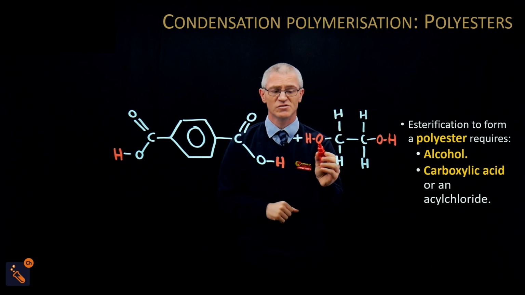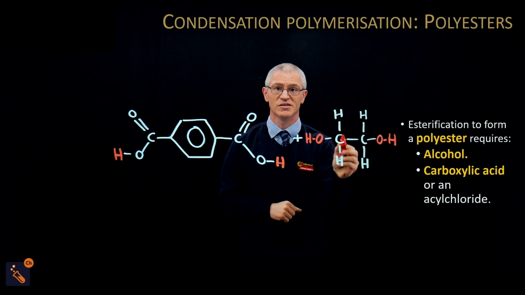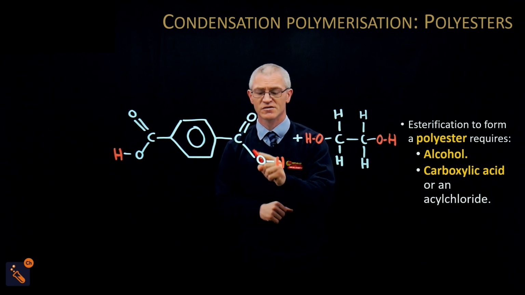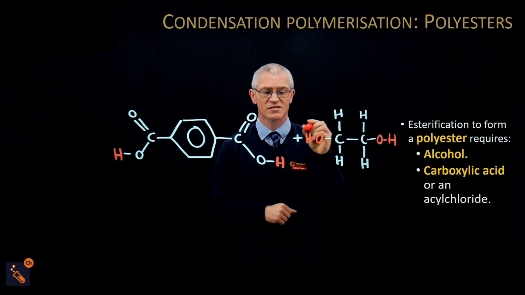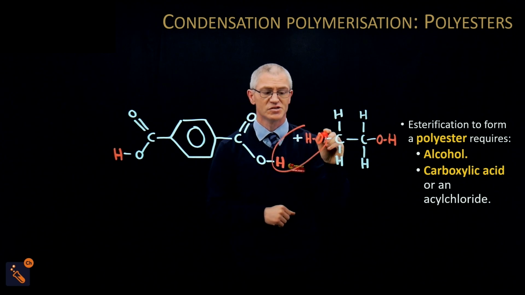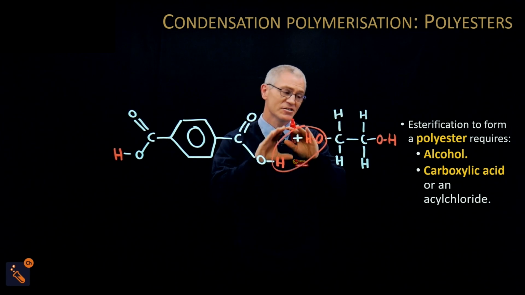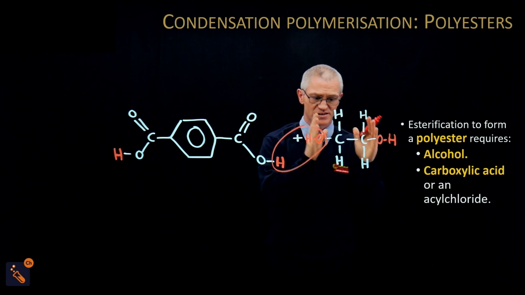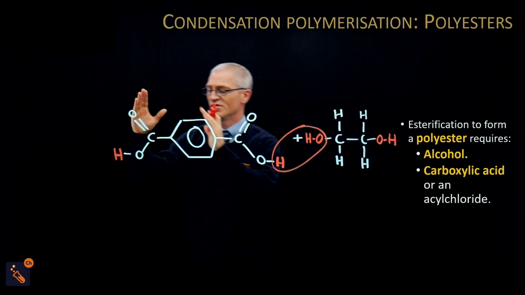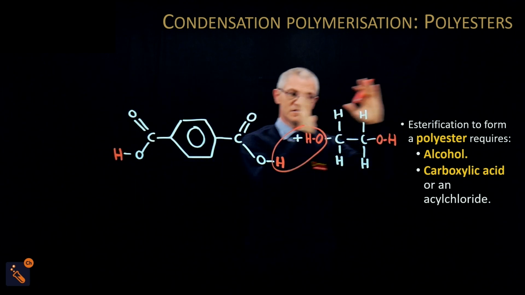So when you join this carbon here to that oxygen there, you will eliminate that section there. So you'll eliminate that water. And if it is a polymer, it's going to form a chain. So this end is going to bond with another section here.